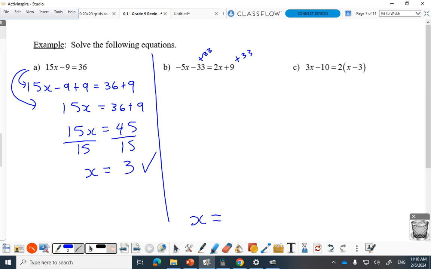You ever do those scales in grade 7, 8 where you had to weigh something and you put something on this side and something on that side? That's what's going on here. I'm going to put positive 33 on both sides. That won't change the equation. Won't change it being true or not because I haven't changed anything. But on the left side, negative 33 plus 33, those things cancel. And over here, 9 plus 33 are like terms, so I can put them together.